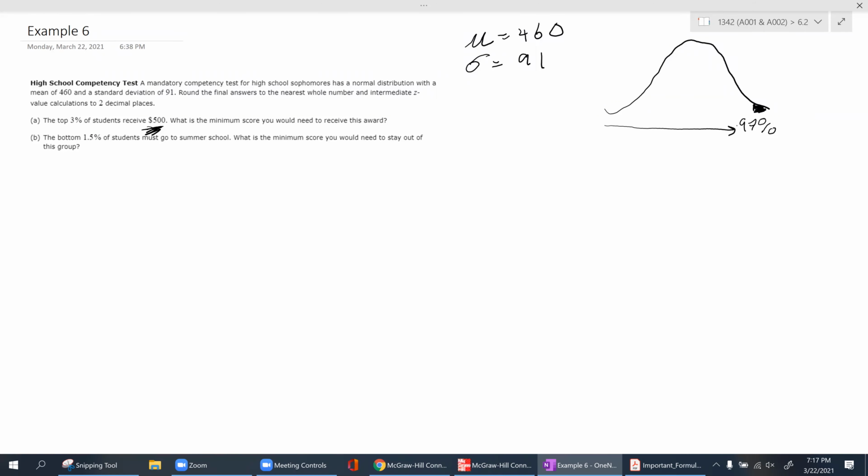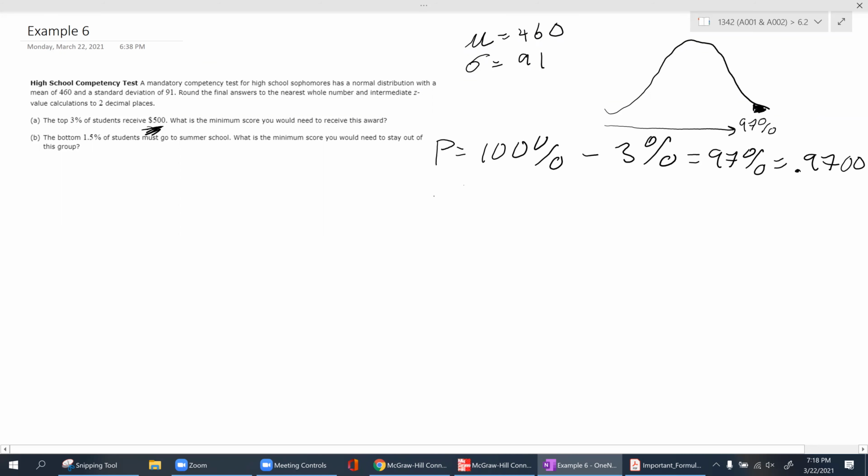In case you're wondering how else to find that, it's 100% minus that value to get the probability, which gives me 97%, which is just 0.97, or 0.9700. Now let's find the z value that corresponds to 0.9700.